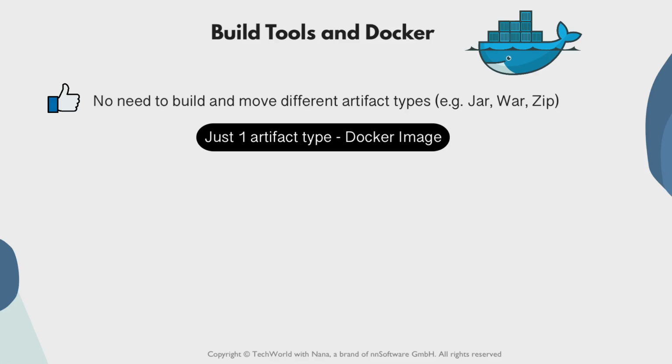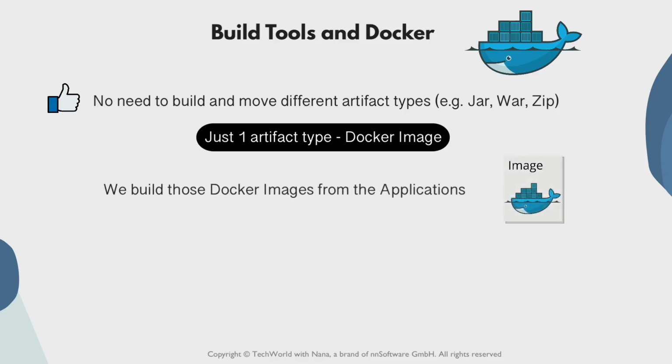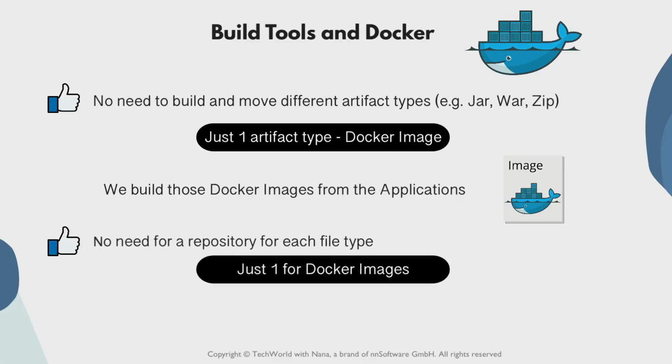So essentially, we're just building Docker images from these applications and not the zip artifacts or tar artifacts. And this means that there is no need for repositories, like artifact repositories that support multiple different artifact types. We just need a repository that supports Docker images.